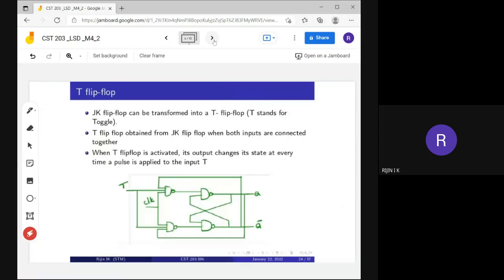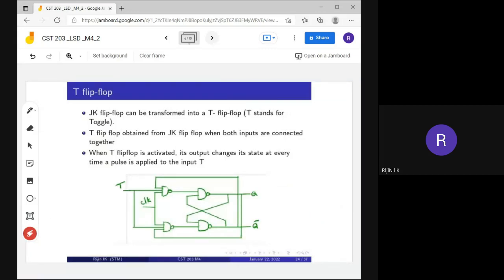Then our next topic is the T flip-flop. This is the circuit diagram of the T flip-flop. We can obtain the T flip-flop from the JK flip-flop. How? When both the inputs are connected together, that is a T flip-flop.